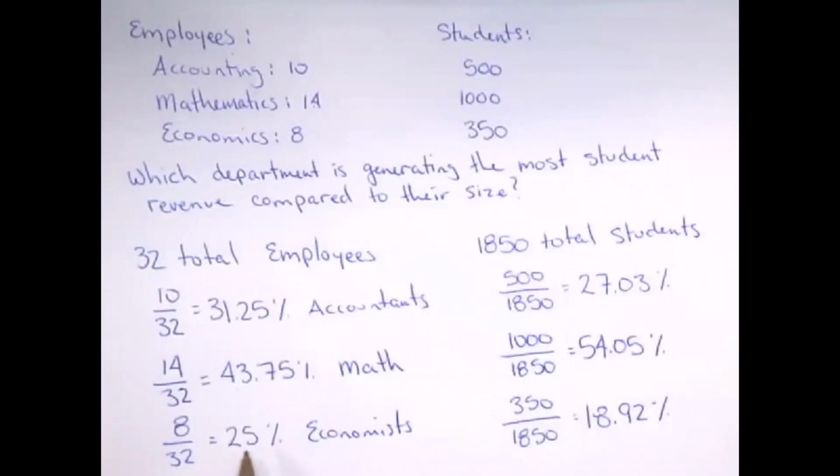The economists, on the other hand, generate 25% of the cost, but only bring in 19% of the revenue. So here, percentages are really a fair way to look at how these departments are generating students, but relative to having a different number of employees each.